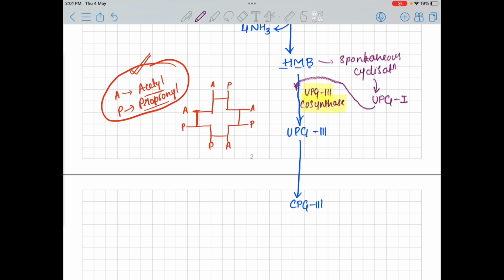Now in this step, the enzyme used is UPG decarboxylase. Decarboxylase means CO2 is removed, and the amount of CO2 removed is 4. Here the acetyl groups present are converted to methyl groups.